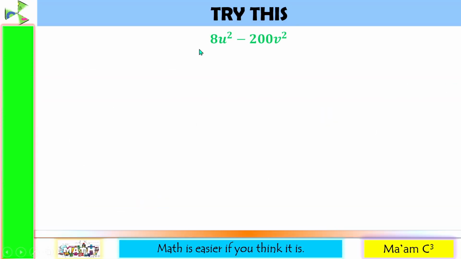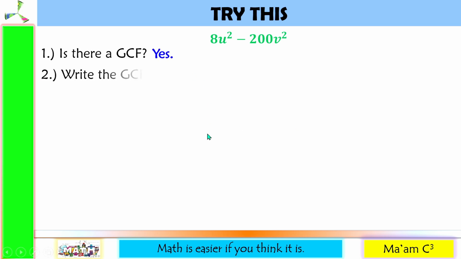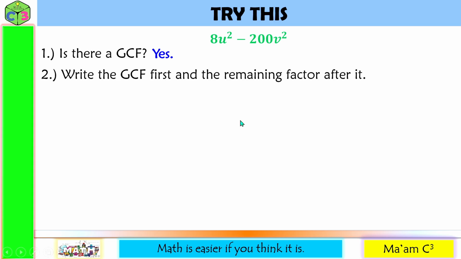Try this. 8u squared minus 200v squared. So first thing that we have to ask ourselves, is there a GCF? Is there a common term that we can factor out from these two? Yes, there is. So we have to write the GCF first and followed by the remaining factor. 8 and 200 are both divisible by 8.